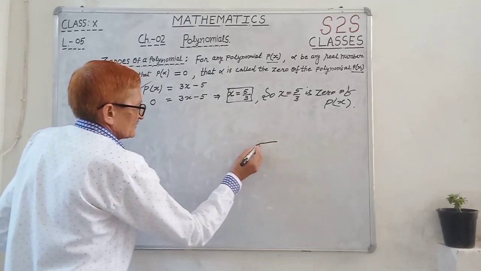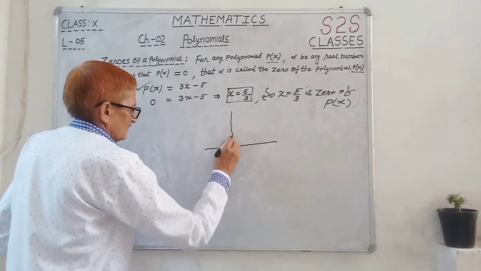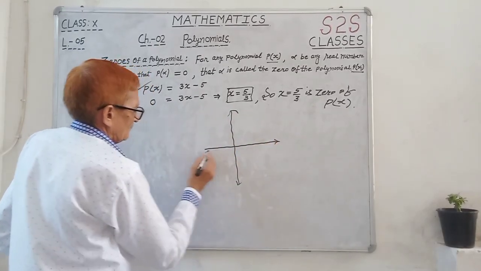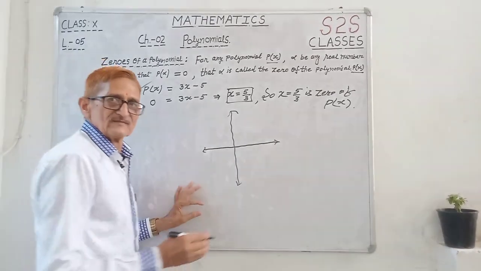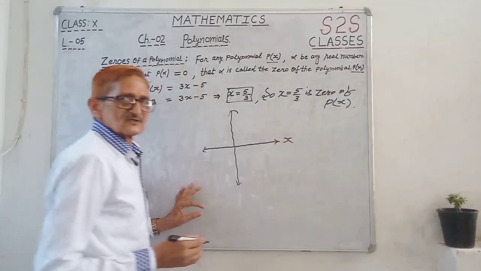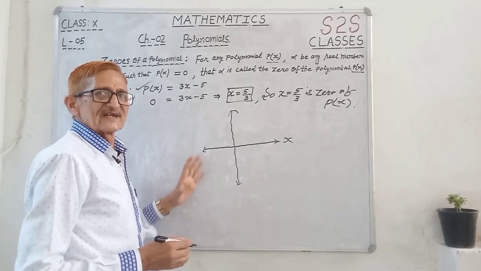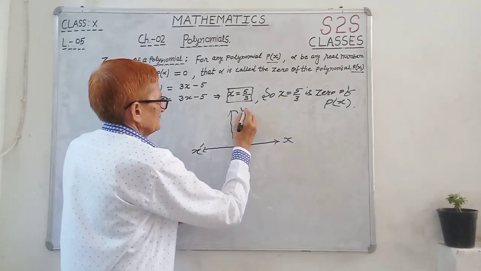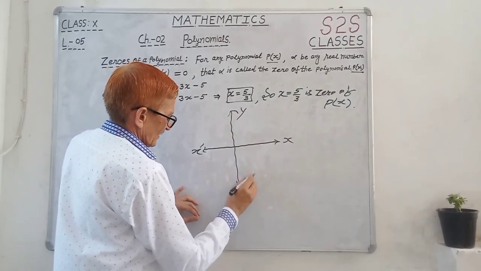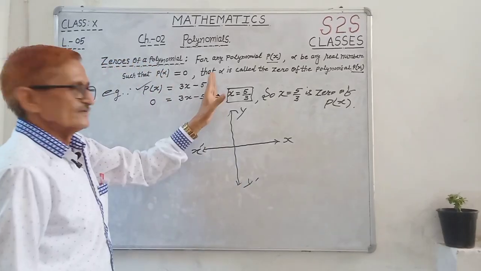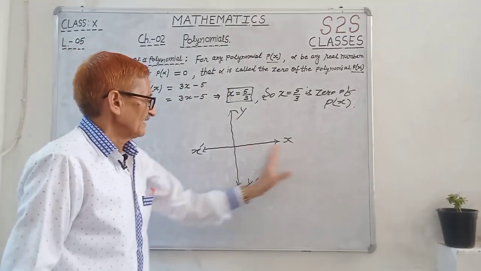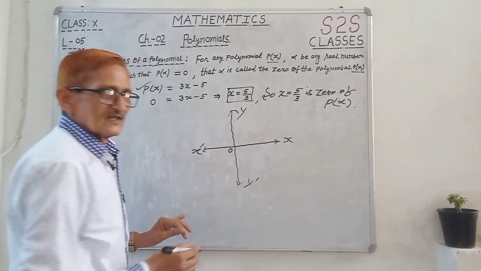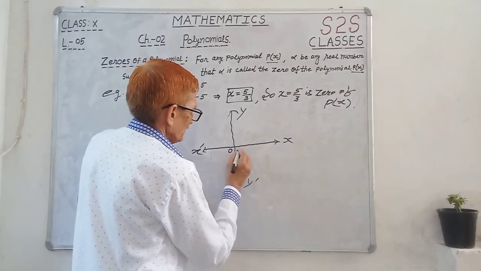If you want to draw the graph of a polynomial. In 9th class also you have done the coordinate system, the rectangular system, x-axis, negative side of x, y-axis, y and then negative of y. You know, upward y is positive, downward negative, and right hand side positive, and this point where both lines intersect is called the origin. O means 0.